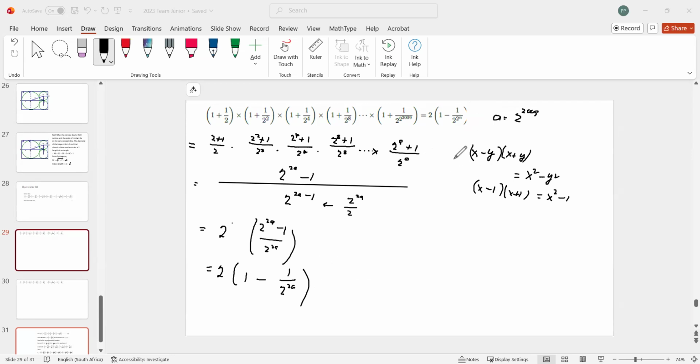The only thing is, I want to just match these two things. So this denominator is 2 to the power of 2 to the power of n. That denominator will be equal to 2 to the power of 2a. It'll be equal to that thing there.